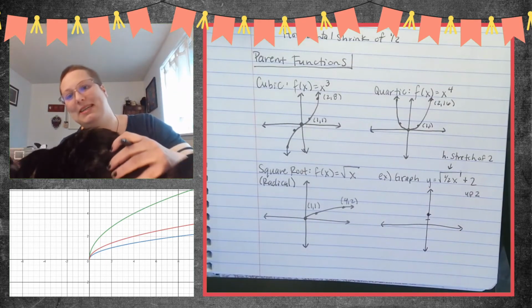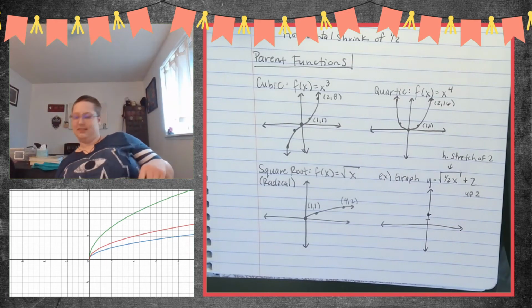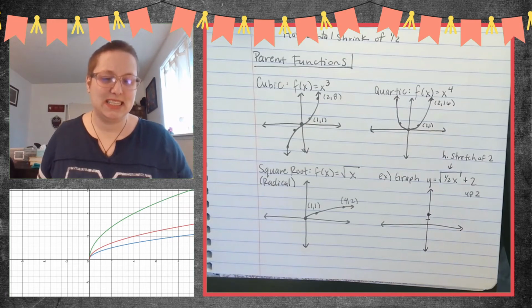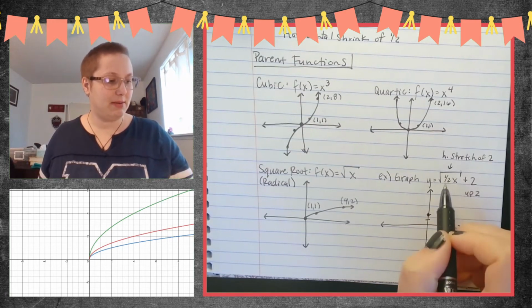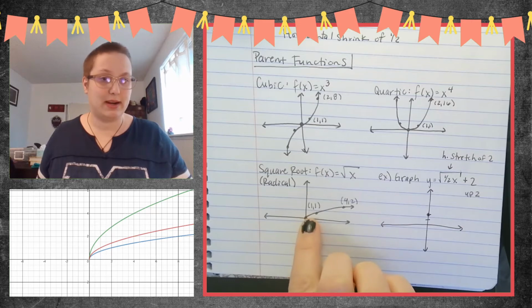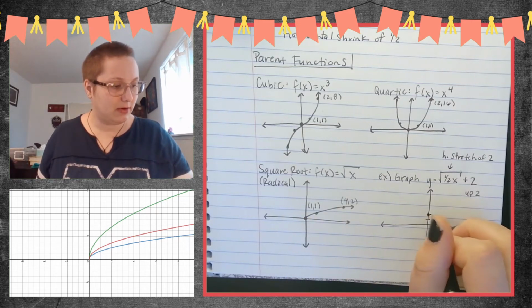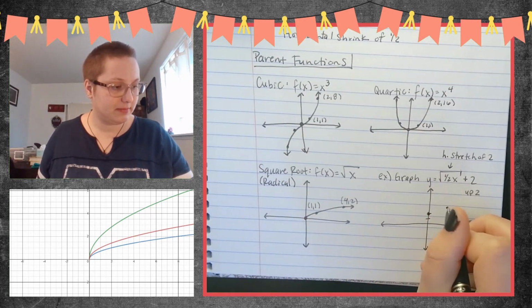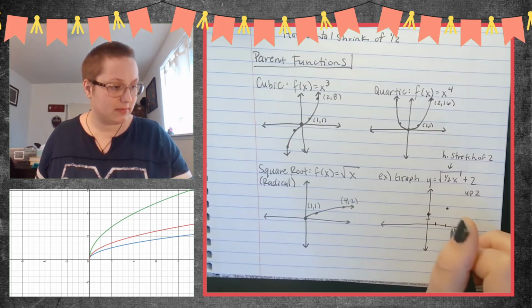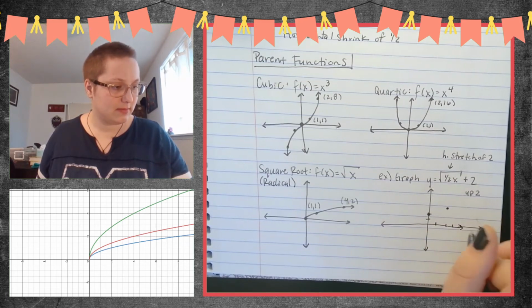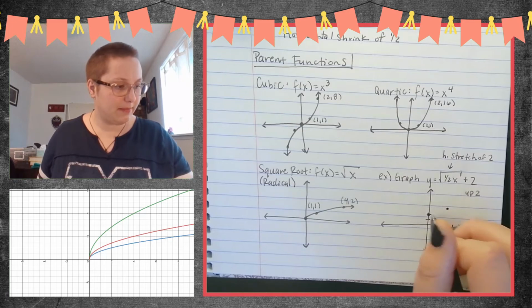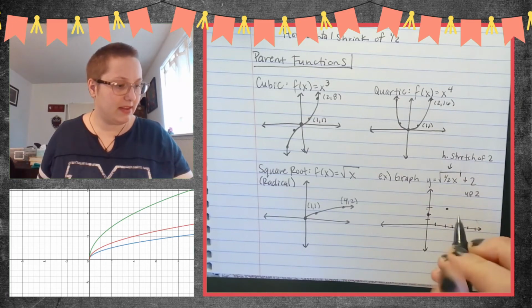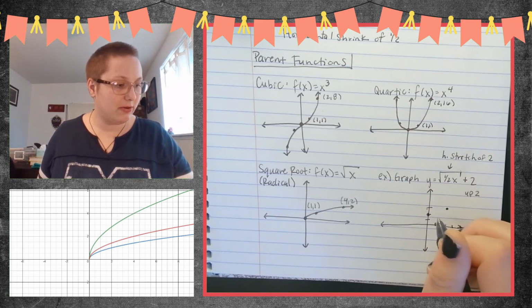So that's my up 2 done. And then I'm going to stretch out, instead of over 1 up 1, I'm going to go over 2 up 1. Okay. And then instead of over 4 up 2, I'm going to go over 8 up 2.